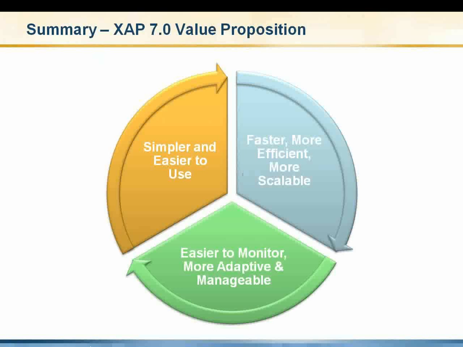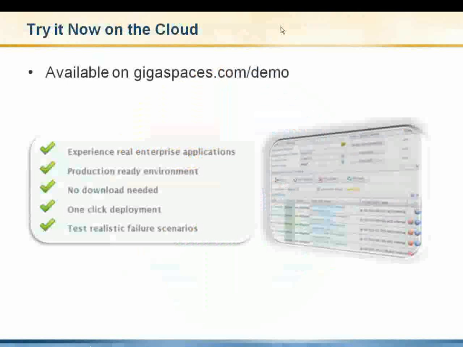One last thing I wanted to mention before we wrap up is our cloud integration. Basically, we have implemented a deployment and management framework for Amazon EC2 on top of GigaSpaces XAP, which enables you to very easily deploy and run GigaSpaces applications on the cloud. I'm saying that now because this is a really good demo facility.